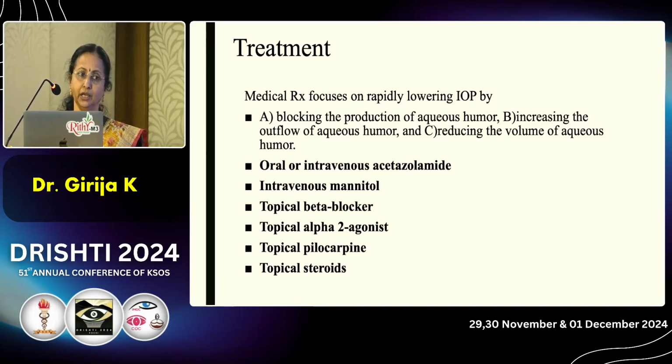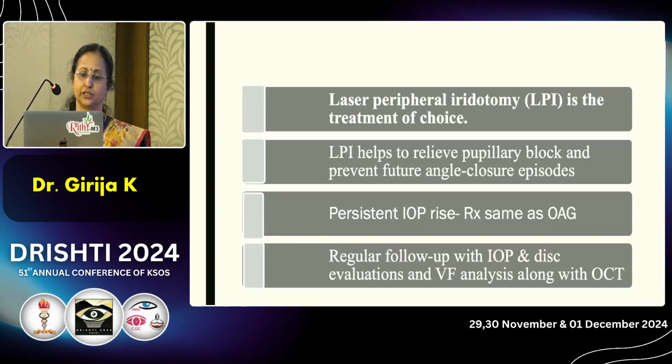And medically, the treatment is based on reducing the aqueous humor production or increasing the outflow, and also by reducing the volume of the aqueous humor and the vitreous by using acetazolamide, the hyperosmotic agents, and the various topical anti-glaucoma medications, and along with the most important, the topical steroids. But the treatment of choice is laser peripheral iridotomy. And in an acute attack, there is no doubt you have to do it once the diagnosis is established, because it will help to relieve the pupillary block, and also it will prevent future attacks.